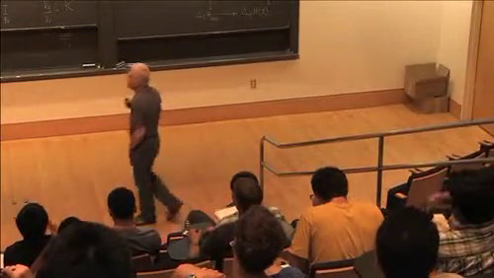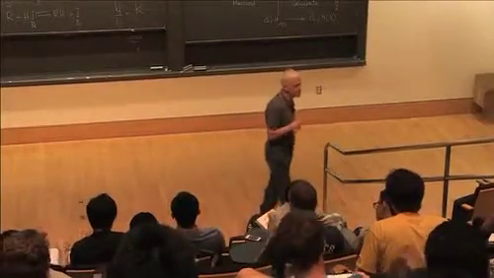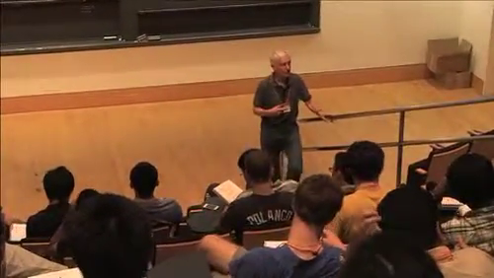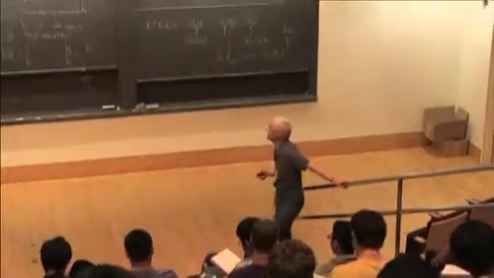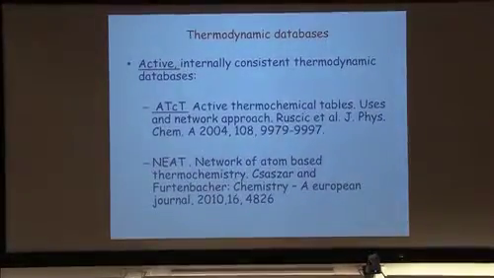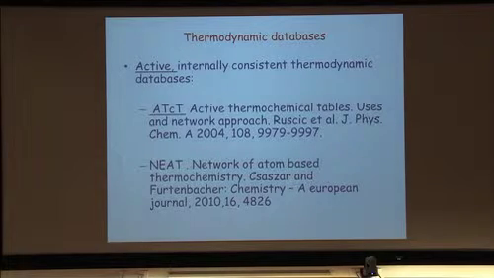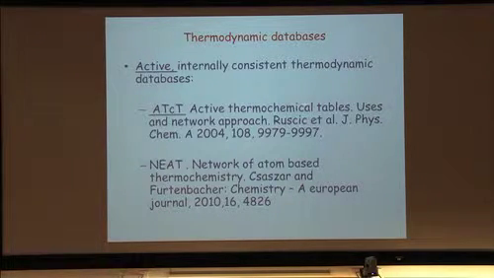Now, thermodynamic databases, we've talked about NIST. Now, this is a much more modern approach to these sorts of databases. It's called Active Thermochemical Tables, and it's developed at Argonne National Lab using both experimental and theoretical data, and it's been led by Branko Ruscic.